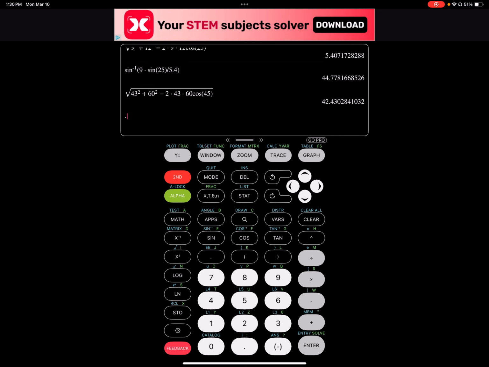So inverse cosine of parentheses 80 squared plus 60 squared minus 139 squared, close parentheses, divided by open parentheses 2 times 80 times 60.